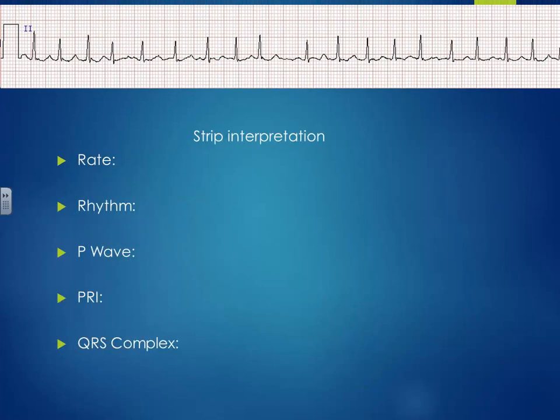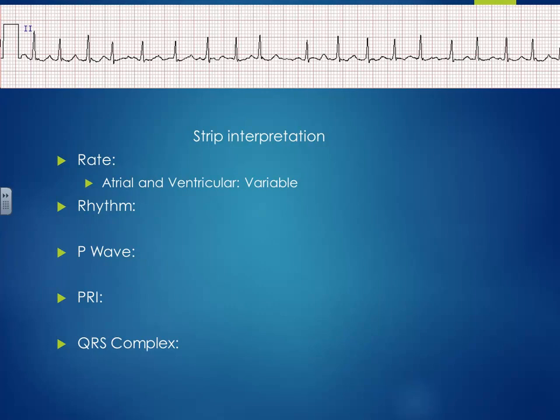All right. Rate. What's our rate? Well, we don't really have a matchup of P and Q, so it's variable, right?